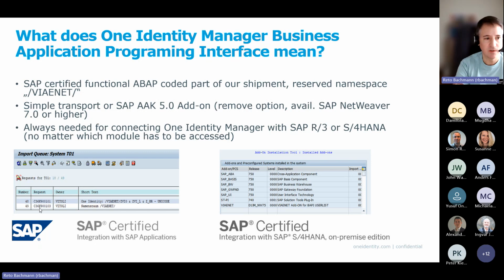The customer can either transport this in the old-fashioned way, or there is a new option available since the higher versions of SAP, which is the SAP AAK, the add-on assembly kit, which allows you in the end to remove the transport file.